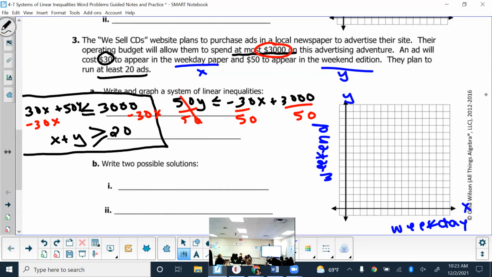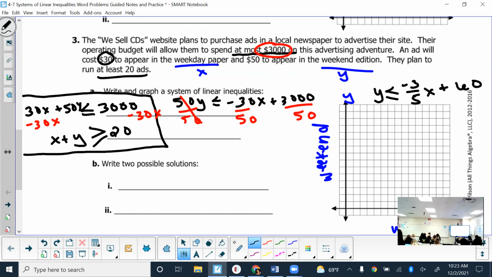And now y is by itself. Do I need to flip the sign when it's a positive that we're dividing? No, you do not flip the sign. So less than or equal to, simplify this fraction. What is it? Good, -3 over 5x. And then your y-intercept is 60. Questions about that process? Are we good at the rearranging?